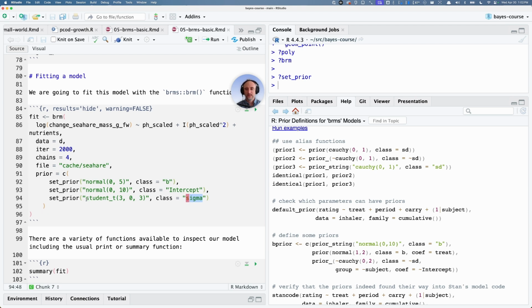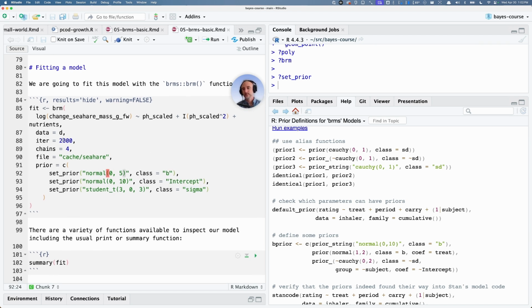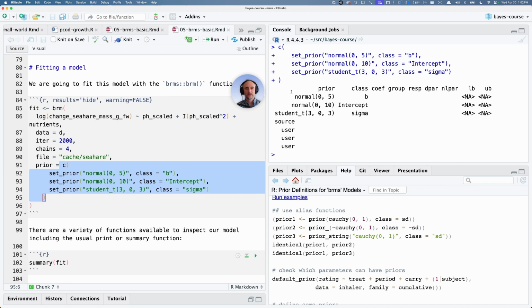And that one is a student T with 3 degrees of freedom, and it's implicitly a half student T because the sigma parameter only has support 0 and larger. So I put those into a vector, and that creates this, which gets passed into BRM.